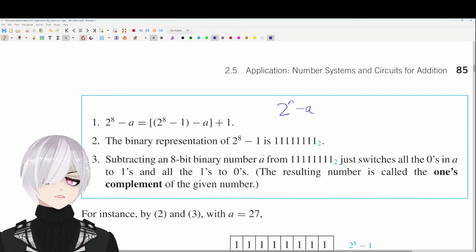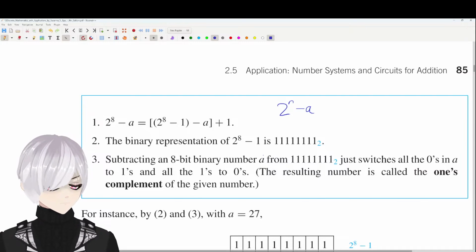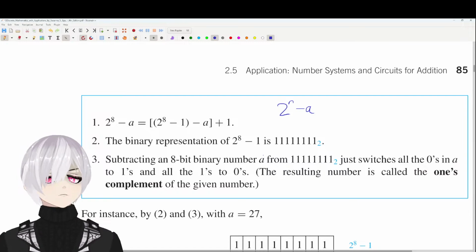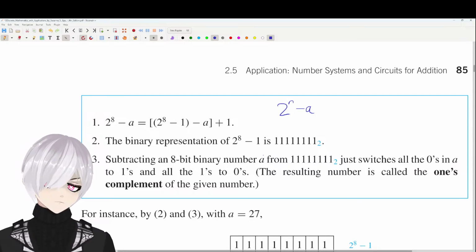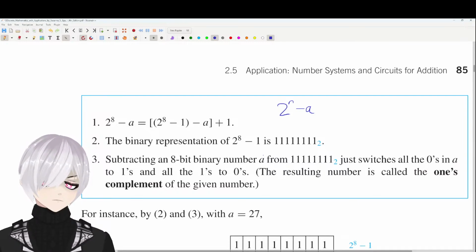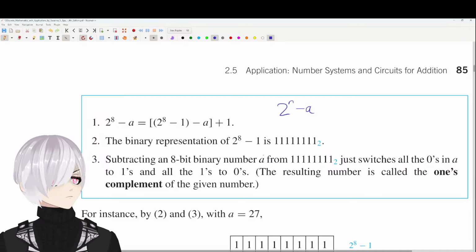Interesting. So the first thing they say is that when we're trying to find the two's complement, since we have 8 bits, we're trying to find 2 to the 8th minus a. The first thing they observe is that 2 to the 8th minus a equals 2 to the 8th minus 1 minus a plus 1.